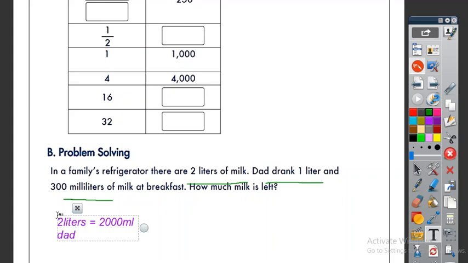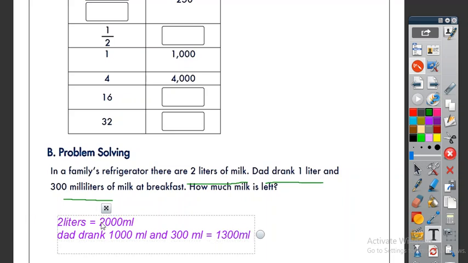Well, we will say Dad drank 1000 milliliters and 300 milliliters, which equals 1300 milliliters. So what is left then from the 2000 milliliters? We will say 2000 milliliters minus 1300 milliliters. You will get what is left, which is 700 milliliters left.